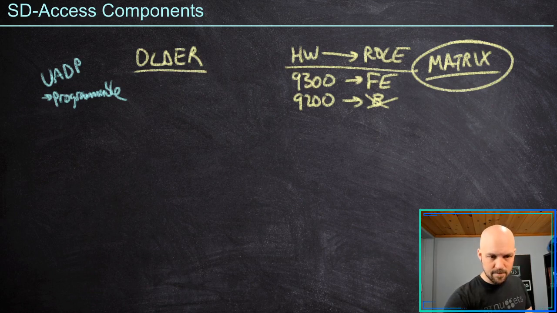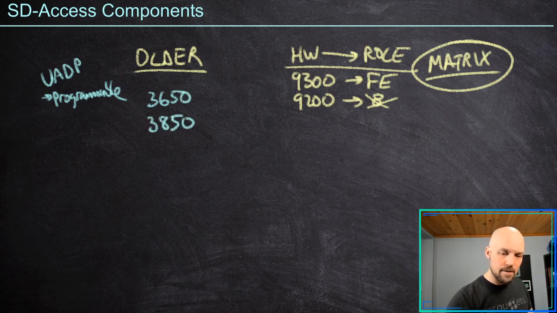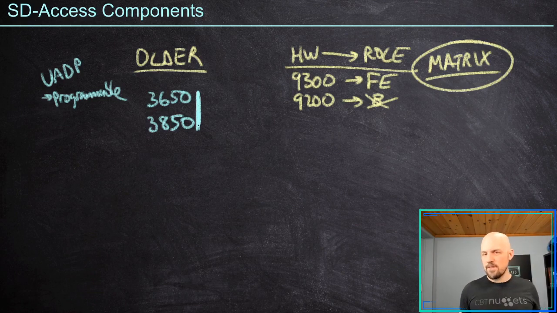They released, remember the 3750s and 3560s, those are very popular platforms. And they were ready to evolve those, so they developed the 3650s and the 3850s. While they were developing these, this concept of software-defined networking was picking up and gaining some traction, but Cisco felt like they had some tools baked into the 3650s and 3850s that would align with software-defined networking.